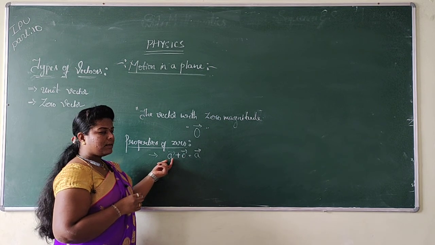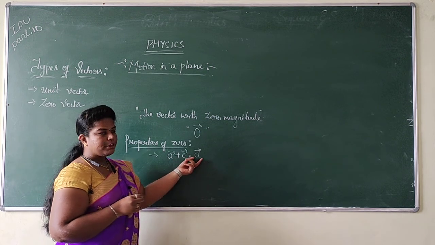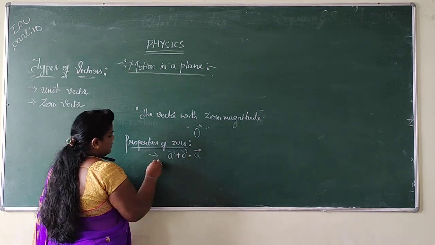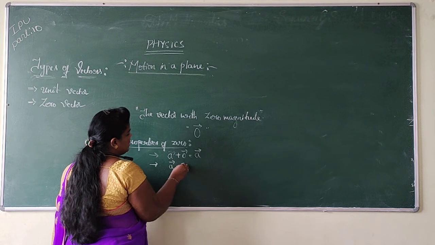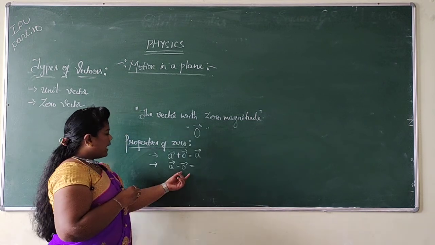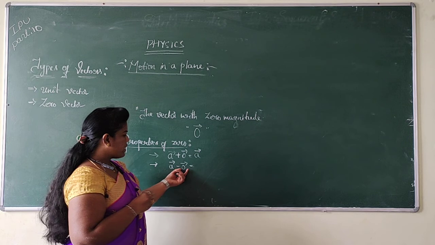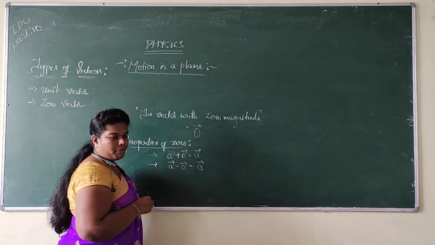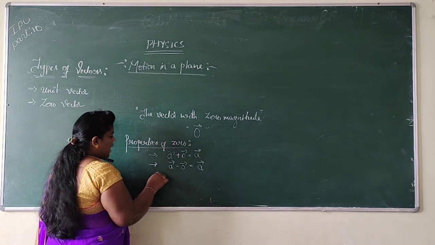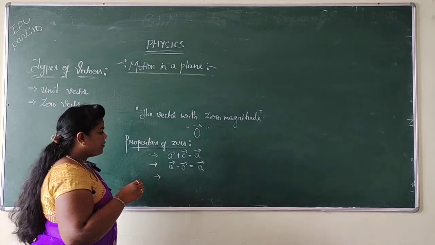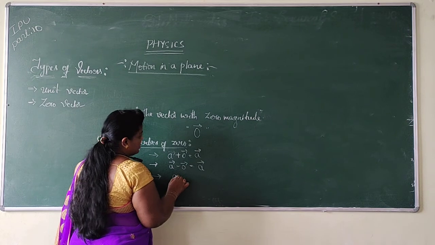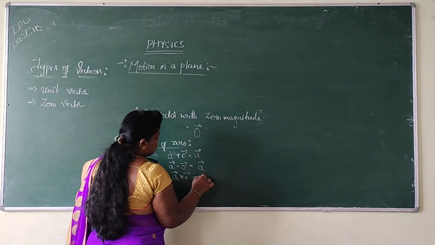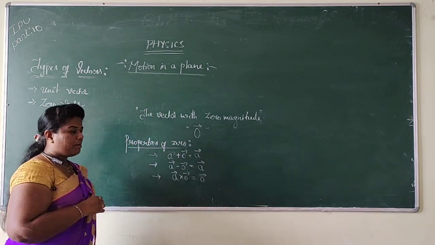Addition of zero vector with any other vector always gives you the vector itself. Similarly, if you subtract a zero vector from any vector, again it gives you the same vector itself. And if you multiply a vector with a zero vector, it gives again a zero vector itself.